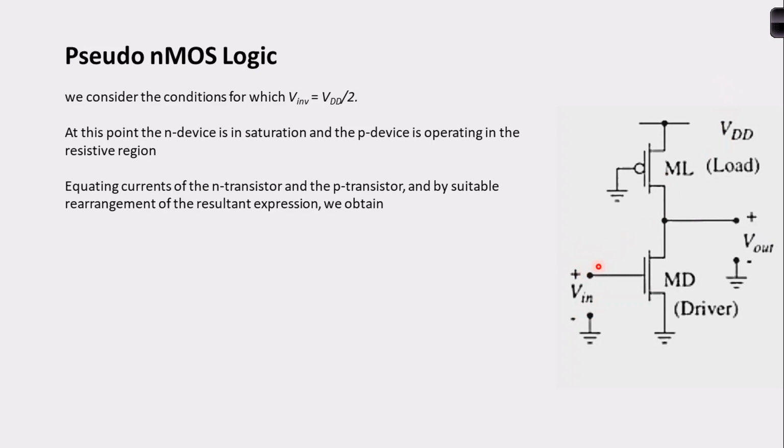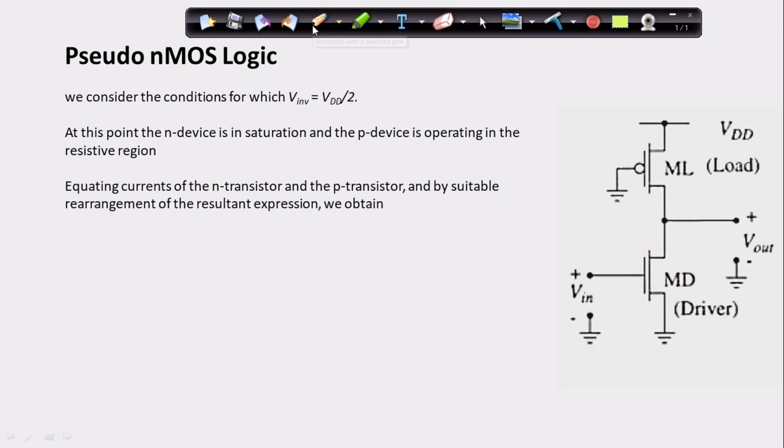If I apply 2.5 volt, this particular transistor is going to be turned on, and it is going to be operated in the saturation region. So this PMOS is going to be connected all the time so that it gets a path over here.